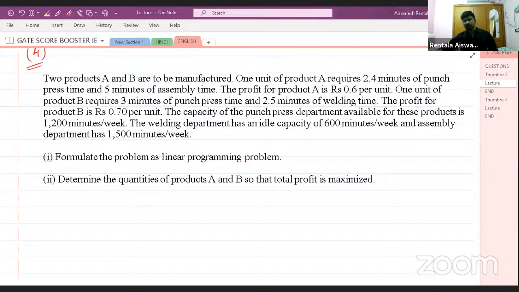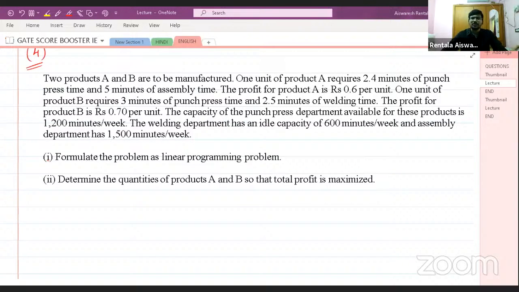I'm just reading the question and I'll try to explain what they're asking. Let us see. There are two products, A and B, to be manufactured. 1 unit of product A requires 2.4 minutes of punch press time and 5 minutes of assembly time, and the profit for product A is given as 0.6 per unit. 1 unit of product B requires 7 minutes of punch press time and 2.5 minutes of welding time.